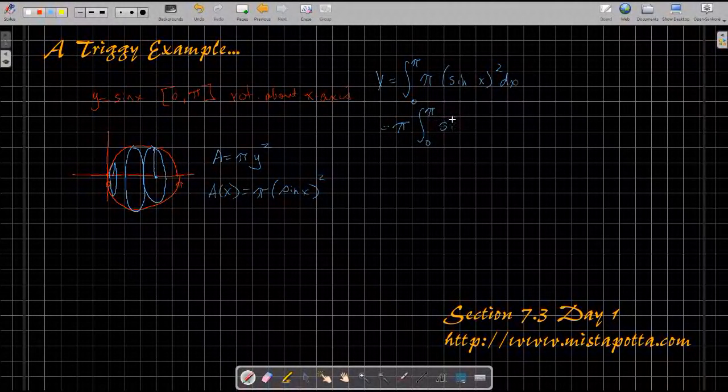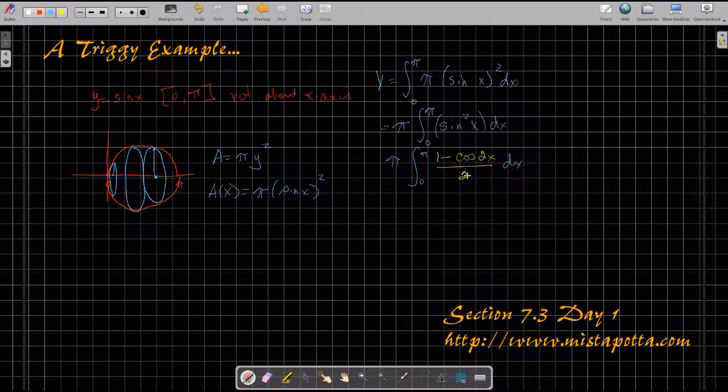So if I want to integrate sine squared x dx, I want to replace sine squared x with what it's equal to, which is 1 minus the cosine of 2x, all divided by 2. So I'm finding the integral of pi times (1 minus cosine 2x), all divided by 2, dx.